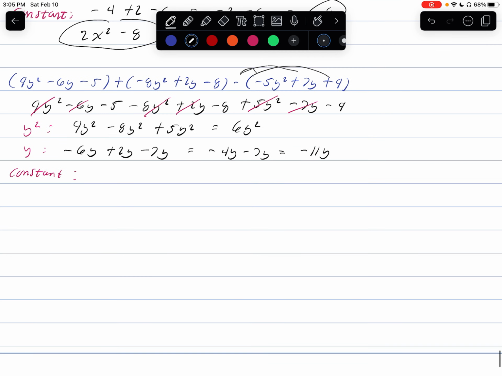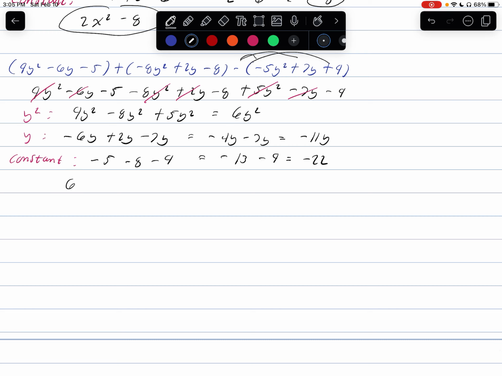And then lastly, for our constant term, we're going to have negative 5 minus 8 minus 9. So negative 5 minus 8, that's going to give us negative 13. And then minus 9 is going to give us negative 22. So our new polynomial will be 6y squared minus 11y minus 22.